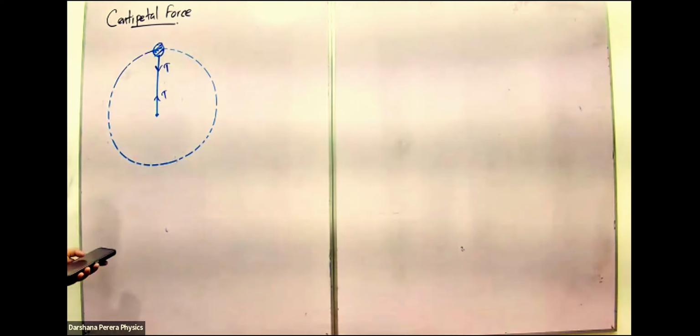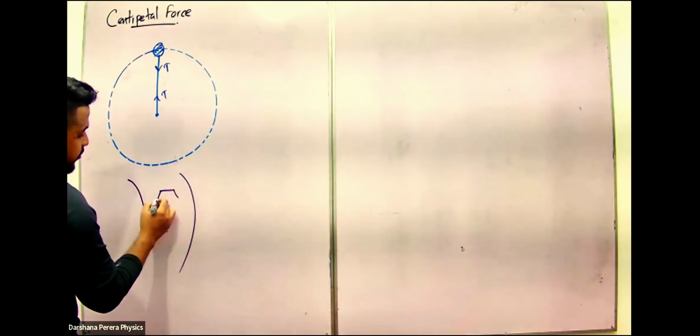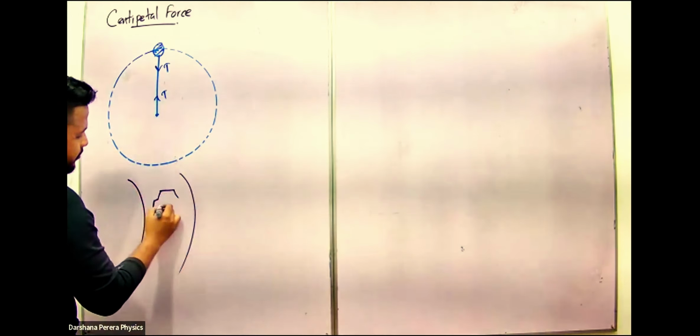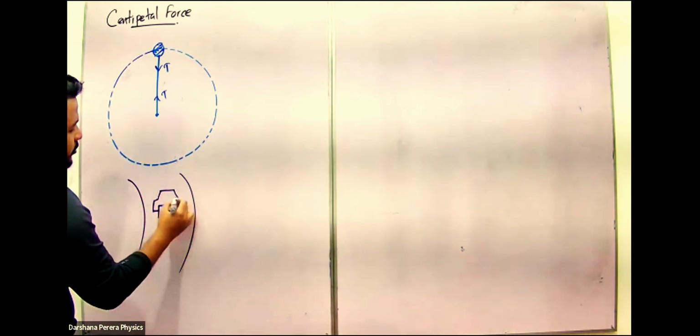Draw it. Write down example 2: the motion that occurs when a vehicle takes a circular bend. The centripetal force is a friction force.